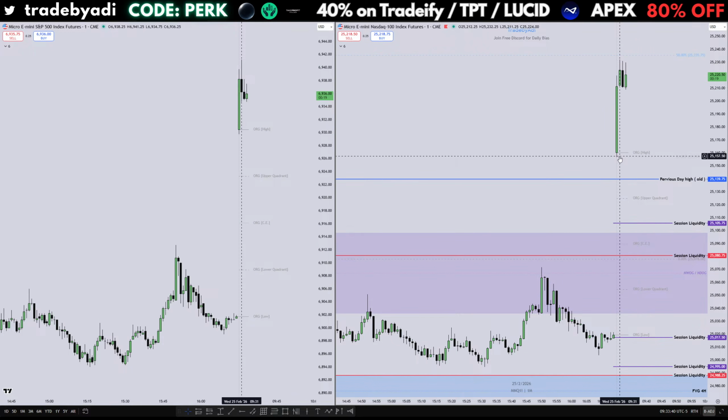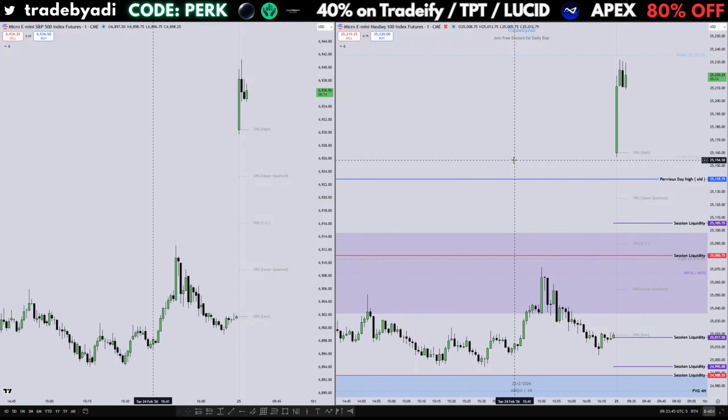This low is still the short term target if price shows a reaction. Otherwise, we will just wait.